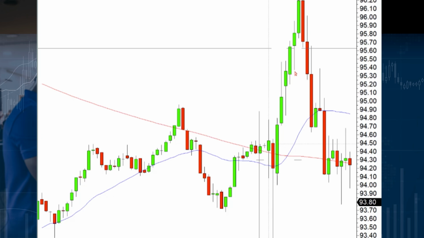So I saw Square's turnaround. I watched its turnaround. And I decided, listen, I'm going to give you the price, okay? I decided to short Square at 96.10. Look at this chart.